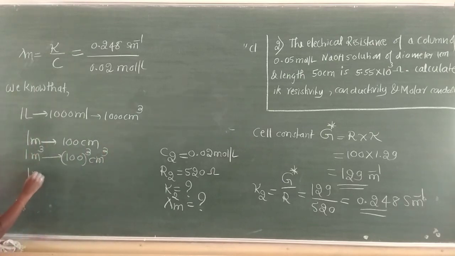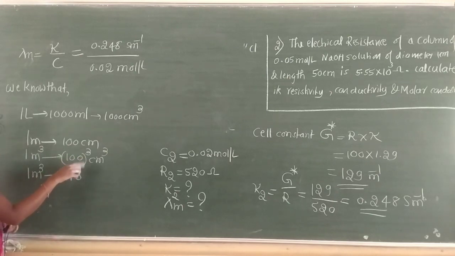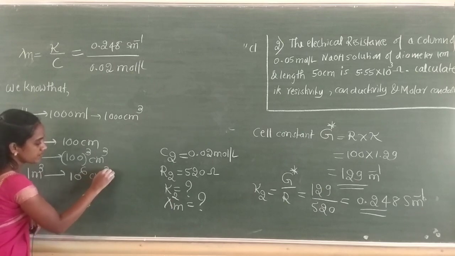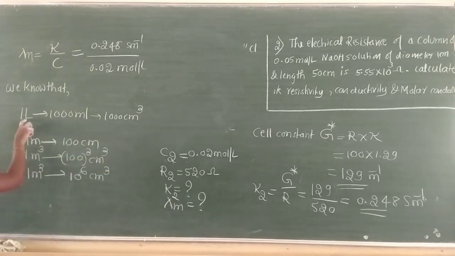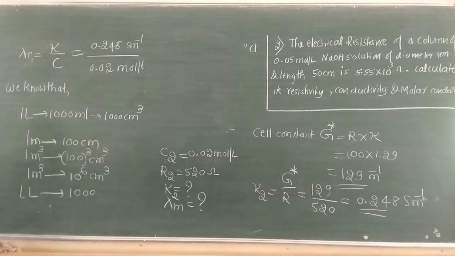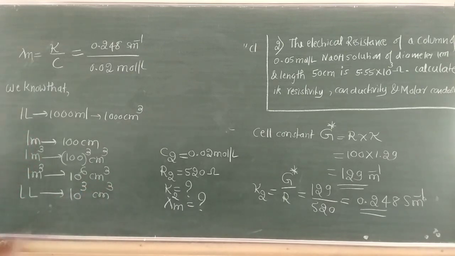What is the value? 1 meter cube is equal to 100 into 100 into 100, 10 to the power 6 cm cube. That means we have 1 liter which is equal to 1000 cm cube, or 10 to the power 3 cm cube.